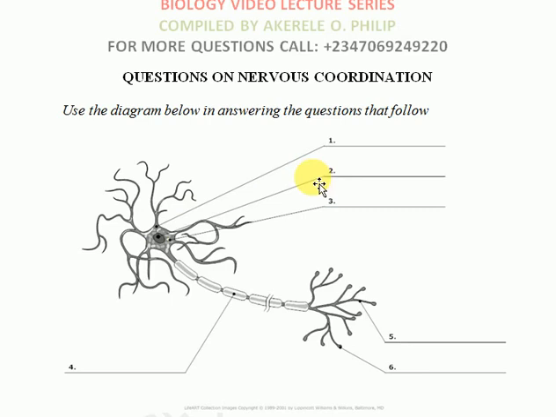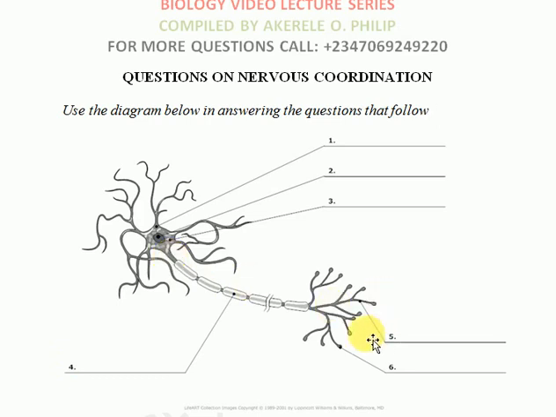Two points to the nucleus, while 3 points to the space around here. That's not specific enough, so this entire place is called cell body or soma, S-O-M-A, while 4 points to the axon. From this junction to this entire length is called the axon.